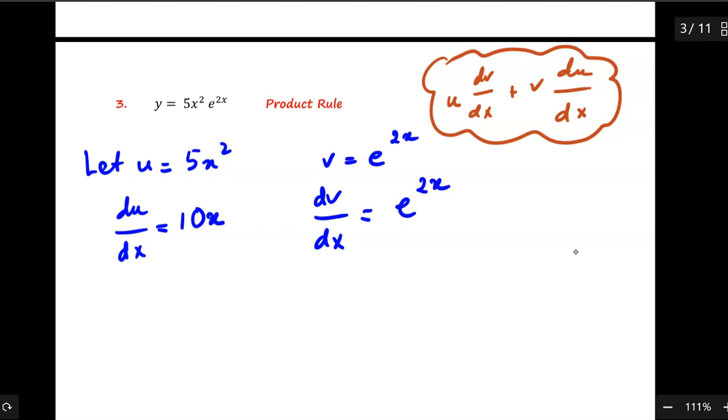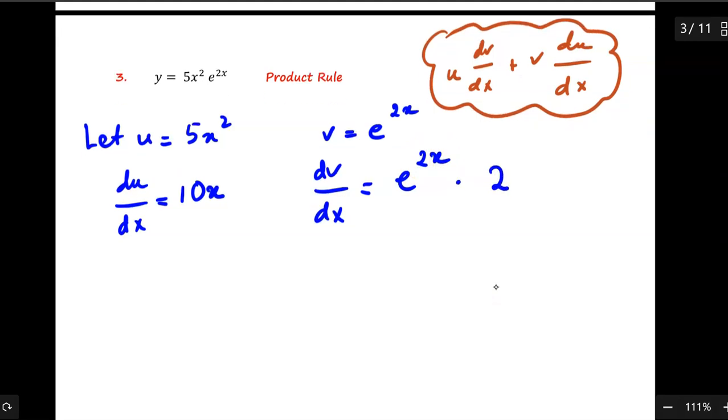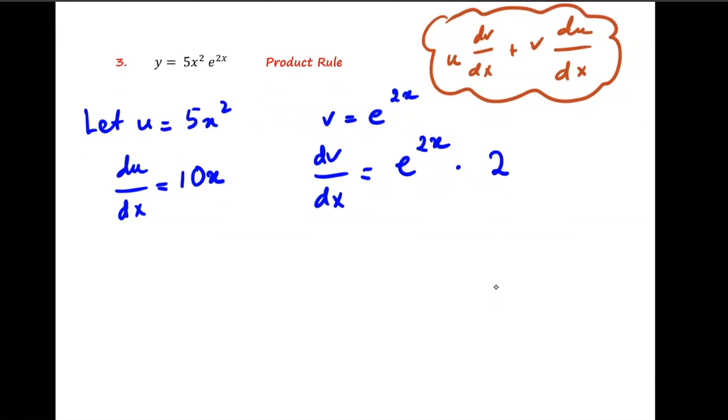The derivative of e to the exponent is the exact same thing again, but multiplied by the derivative of the exponent of e. So the derivative of the exponent of e, in this case 2x, is equal to 2. Okay, so now all you have to do is substitute all this into your formulas.